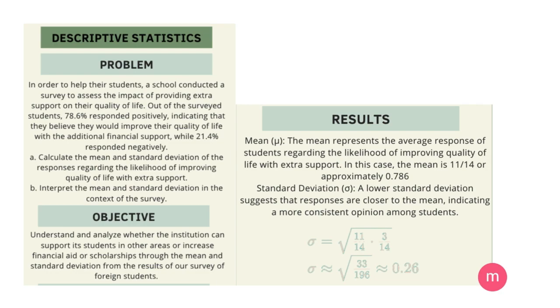Then in the standard deviation, a lower standard deviation suggests that responses are closer to the mean, indicating a more consistent opinion among students. For the standard deviation, we have 0.26, which is relatively low. That suggests that the opinions among the surveyed foreign students are relatively consistent regarding the impact of extra economic support on their quality of life.